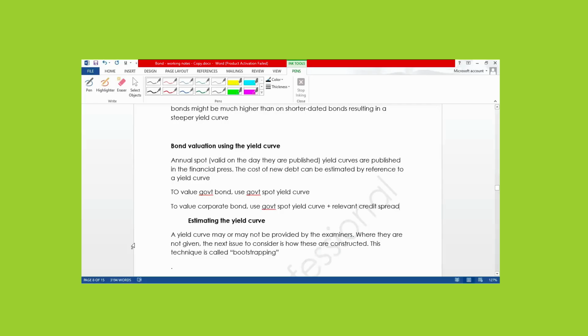The technique is called bootstrapping the yield curve. We shall bootstrap.